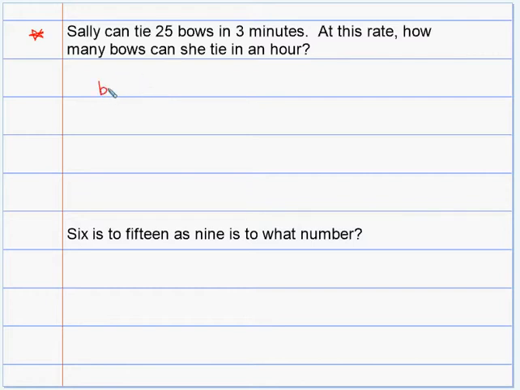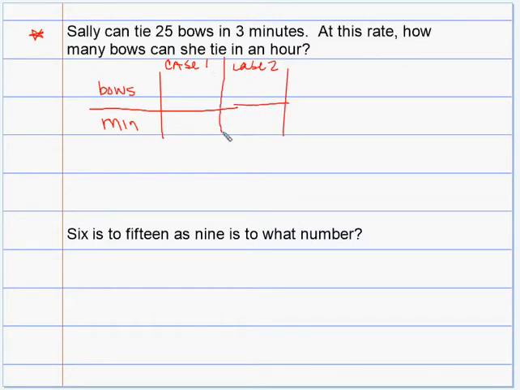So we're going to put bows in one row and minutes in the other row, and we're going to have case 1 and case 2. Now, we know it's 25 bows in 3 minutes. And how many can she tie in an hour? If you put 1 here because that's 1 hour, you're going to be wrong.